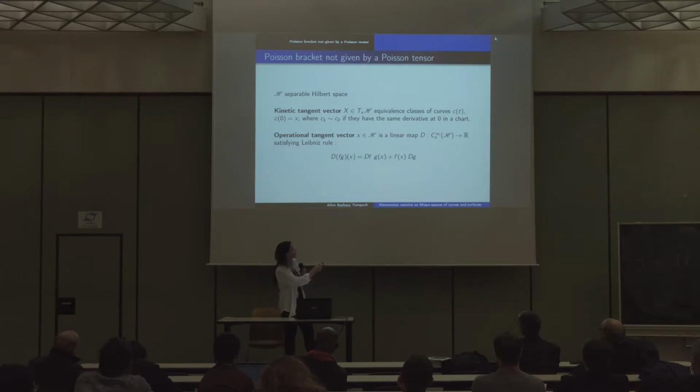These are smooth functions at x, where you identify two smooth functions that have the same germ, and satisfying the Leibniz rule. So if you apply this derivation to a product of functions, then you have the usual Leibniz rule.